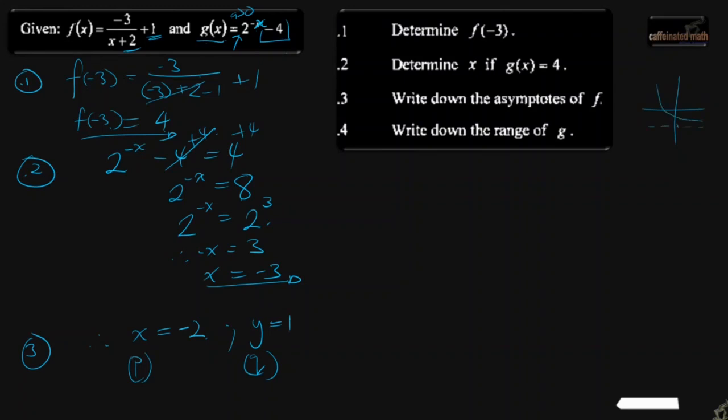This is not accurate, this is just for the case of this. And in terms of range, we want to know where the graph exists, where its y values are. Its y values are obviously not beneath the asymptote. And where's that asymptote boundary? It's at negative 4. Therefore, y needs to be greater than negative 4, and it also needs to be a member of the real values. So that's 4 for you.